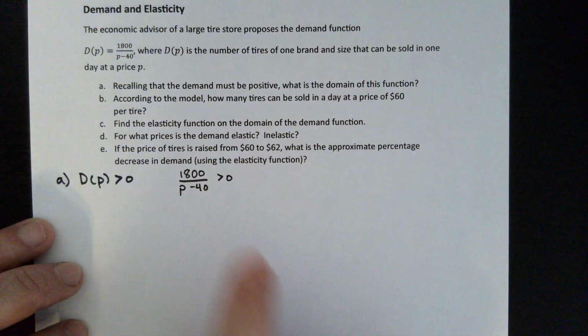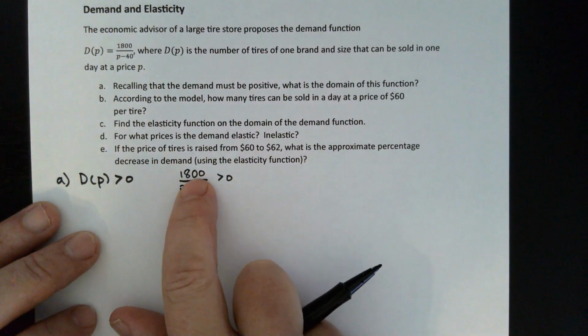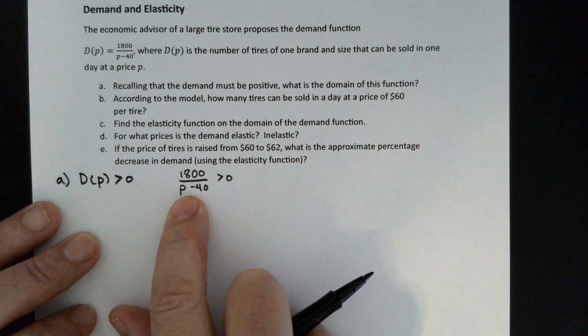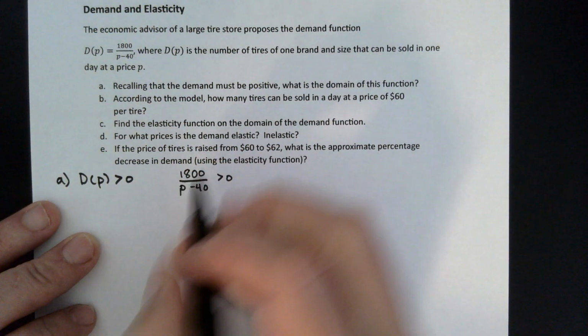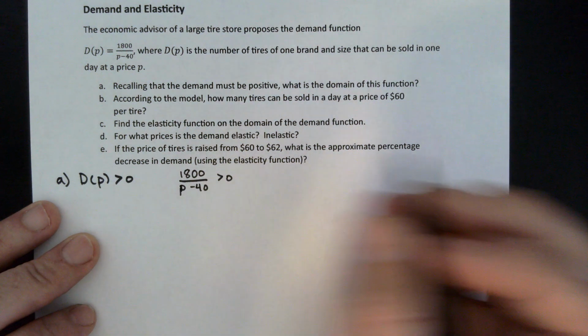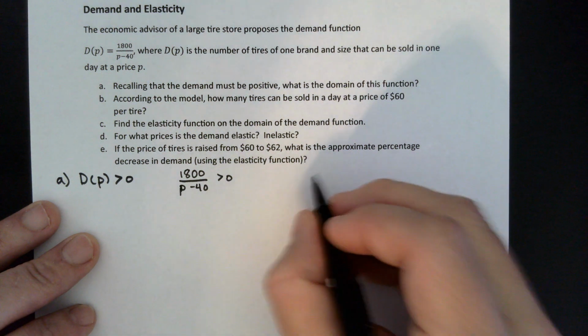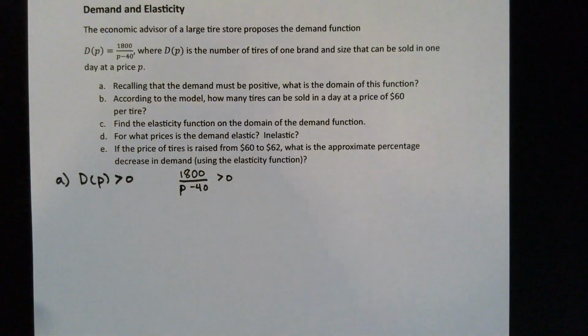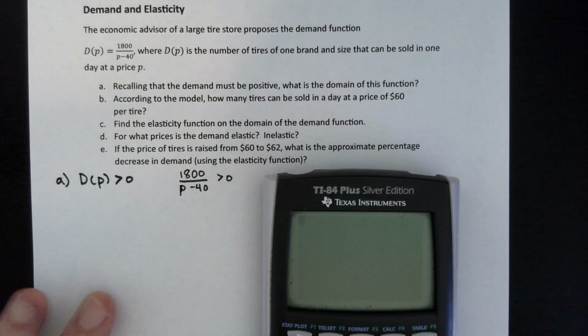We can't set the numerator equal to 0 to figure out anything, but the denominator has a point we have to look at, which is 40, because if P is 40, the denominator is equal to 0. So we need to see what happens around 40.